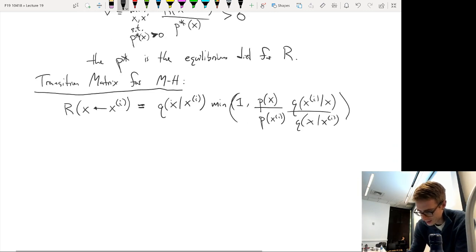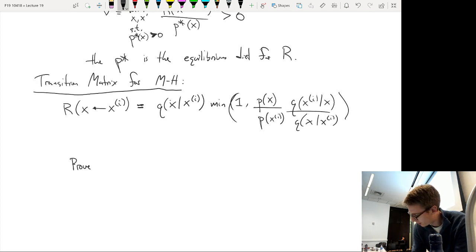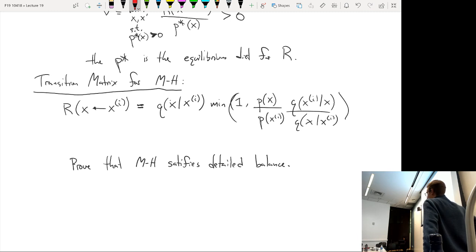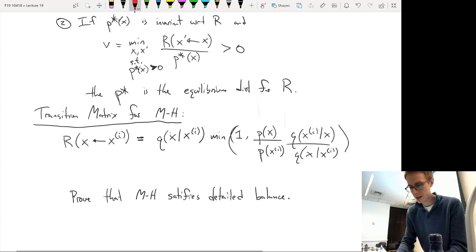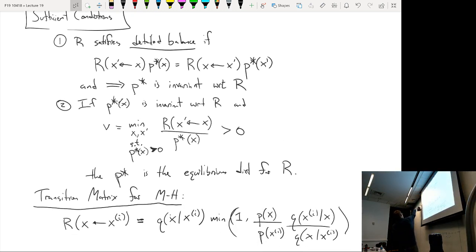Okay, so from here, what we would want to do is to actually prove that Metropolis-Hastings satisfies detailed balance. Okay, so if we prove that Metropolis-Hastings with this transition matrix satisfies detailed balance, then we've effectively proved that, and I guess we'd also need to prove part 2 here, which is that this ratio is always going to be greater than 0, and to prove that, you actually need to inspect the proposal distribution, right?